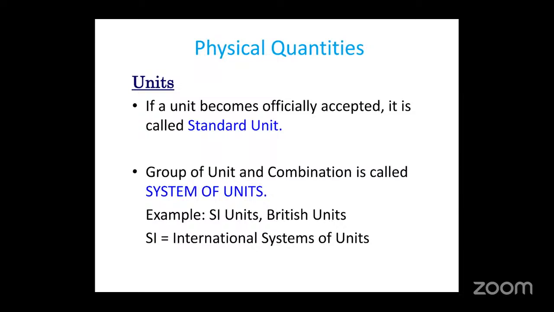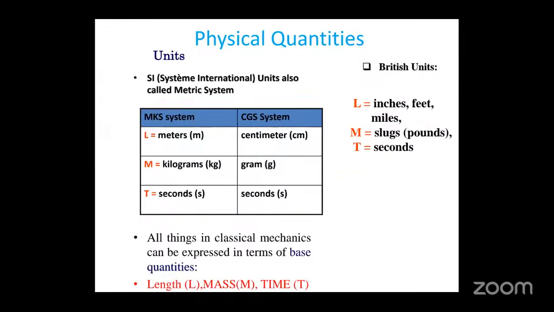So we have examples there. We have the SI units, and we have the British system of units. The SI unit is the International System of Units, and then the British system of units.